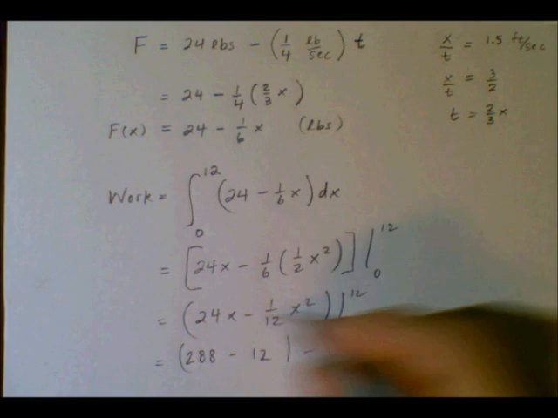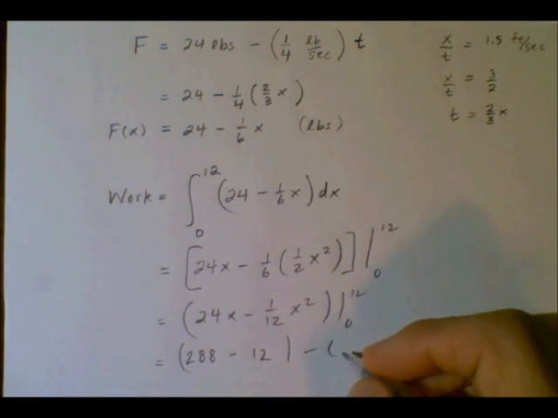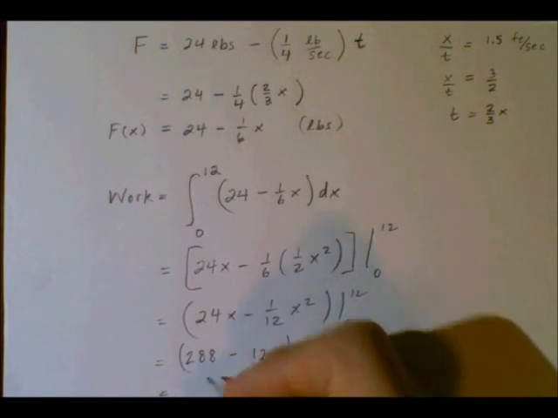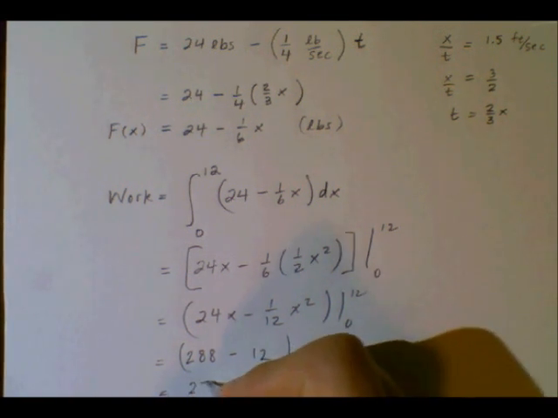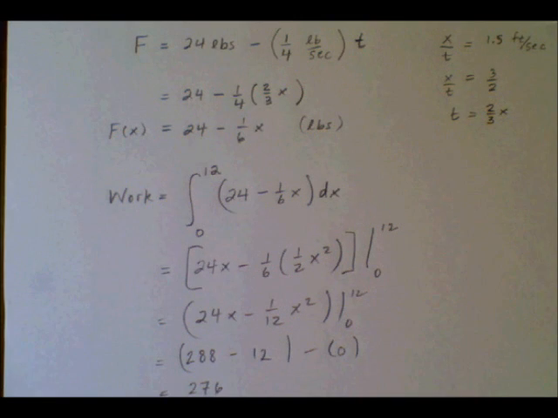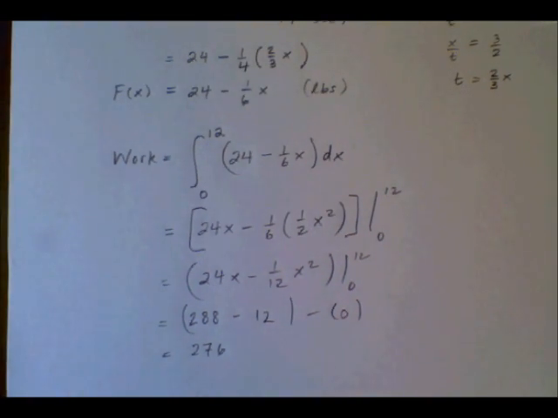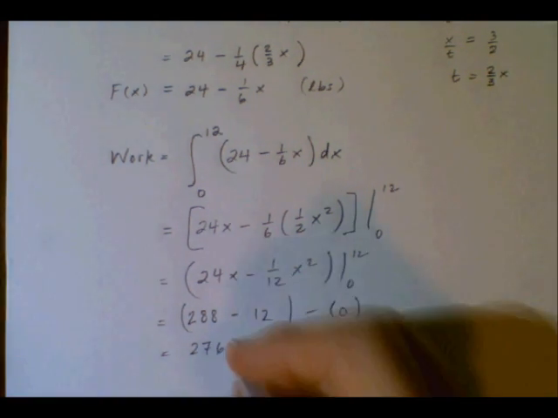When I evaluate this antiderivative at 0, I get 0 minus 0, which is 0. So this is 276. And what are the work units? Well, force is measured in pounds and distance in feet, so this would be foot-pounds.